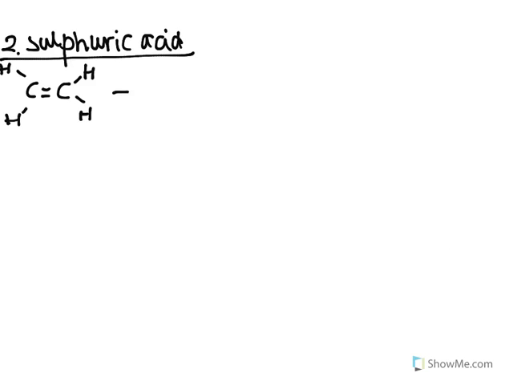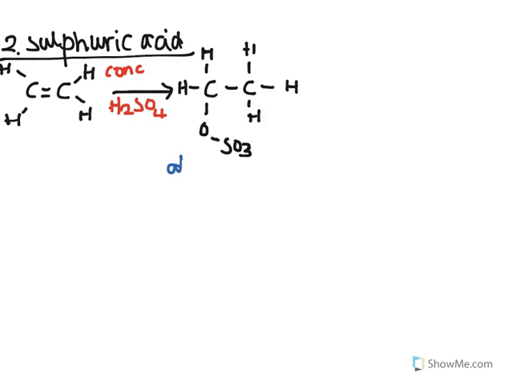So let's look at another reaction, and that is with concentrated sulfuric acid. We don't have to heat this up, we can just react this cold, and we will get an alkyl hydrogensulfate, where we've added all but one of the hydrogens from the sulfuric acid onto the molecule, or the hydrogen has been added here.